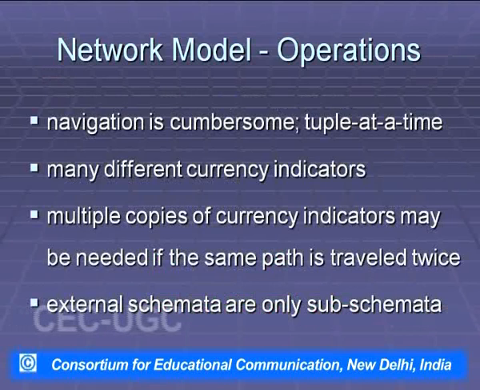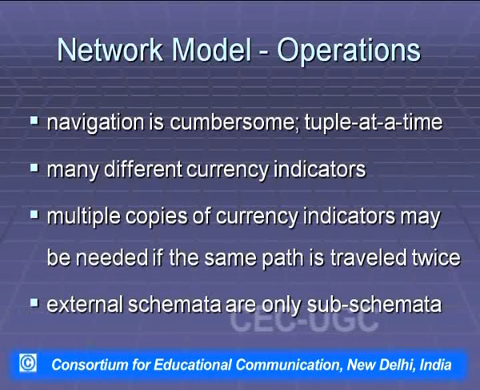Network model operations: the navigation is cumbersome, tuple at a time. Many different currency indicators; multiple copies of currency indicators may be needed if the same path is traveled twice.